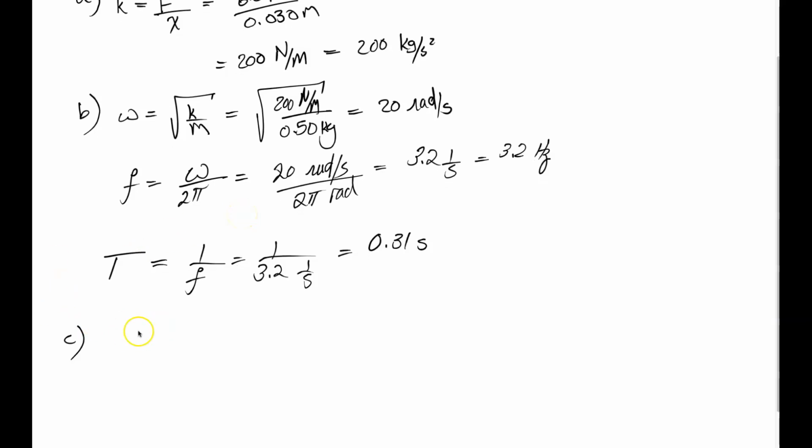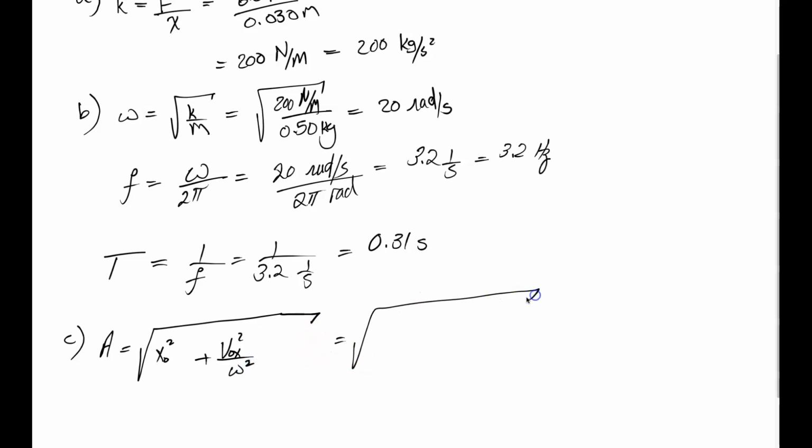So we can say that the amplitude, if we know initial displacement and initial speed, is going to be the square root of the initial displacement squared plus the initial speed squared divided by omega squared.